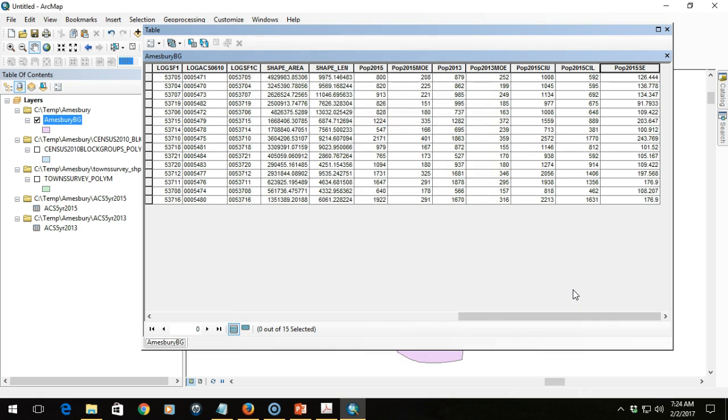So the standard error that we've computed, dividing the margin of error by 1.645, tells us the variability of the estimate. It's essentially analogous to the standard deviation around the statistic. But because we're working with a sample, we don't have a standard deviation. We have instead a standard error.